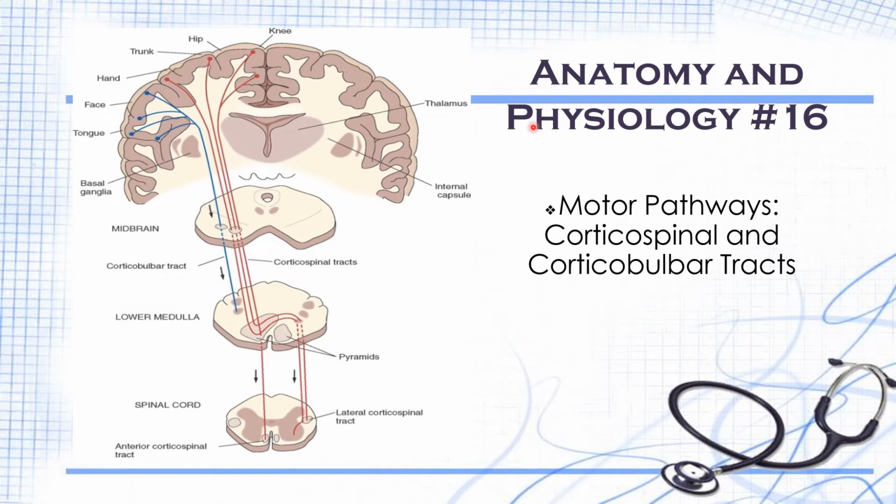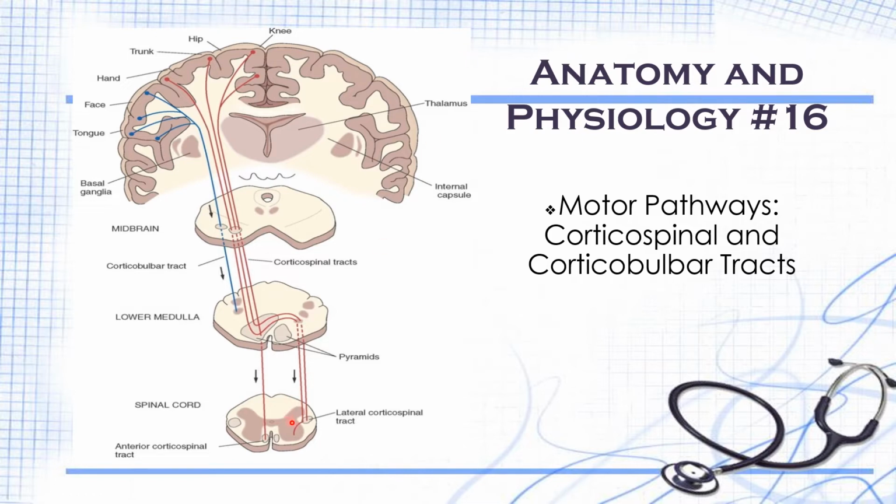Okay, so all of these higher motor pathways, particularly those mentioned in the previous slides, affect movement only through the lower motor neuron system, sometimes called the final common pathway.